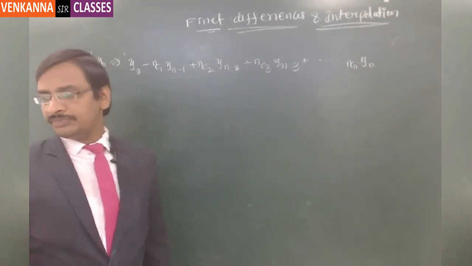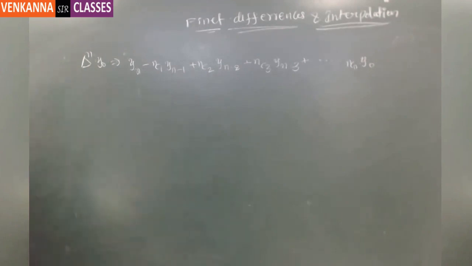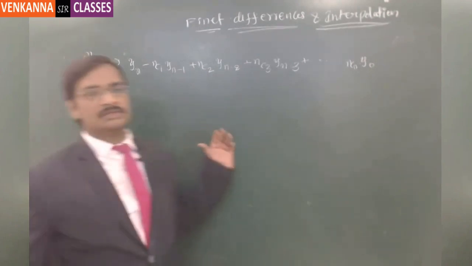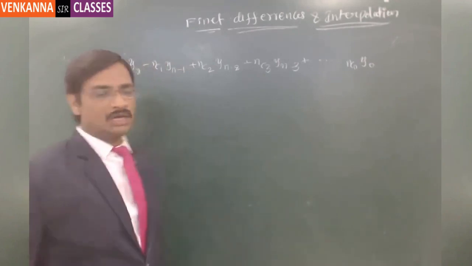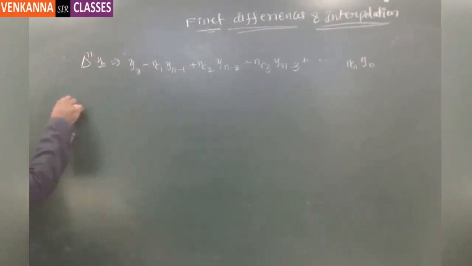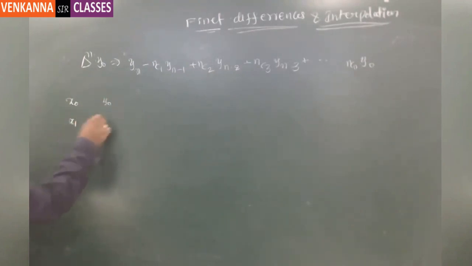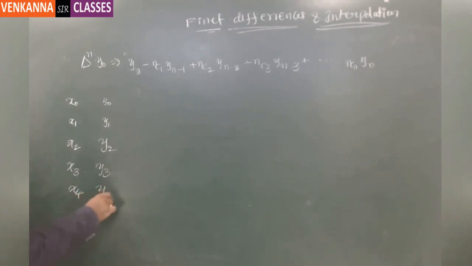Got it? Now coming to the backward difference and the forward difference, the calculation part is one and the same, but the convention is different. The convention is, if you have a set of data x0, y0 and x1, y1, x2, y2, x3, y3, x4, y4, let us say this is a set of tabulated data.